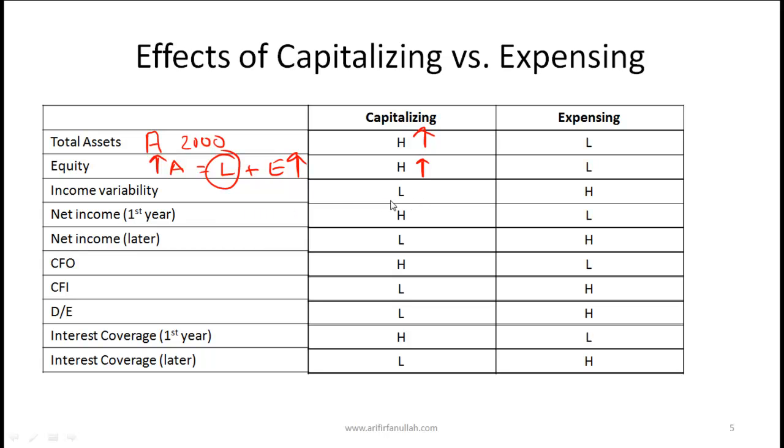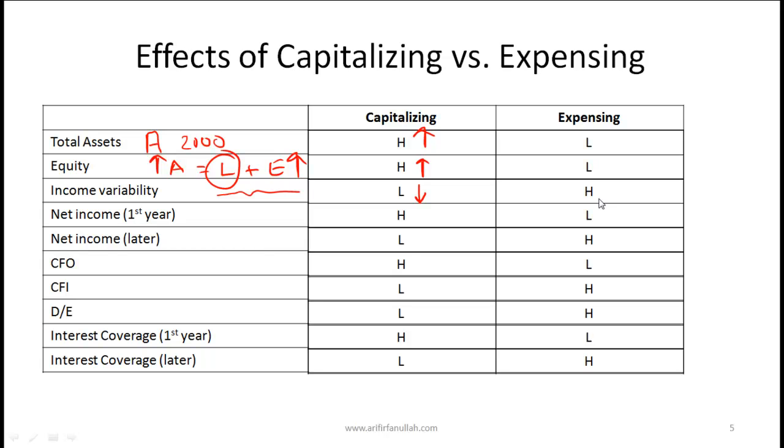Income variability will be lower for the capitalizing firm. This is because a firm that capitalizes spreads the expense somewhat evenly over years. That expense is spread out through a process called depreciation, which we will see in detail later. So because the expense of buying the machine is spread out over years through depreciation, the income variability is relatively low compared to the expensing firm.